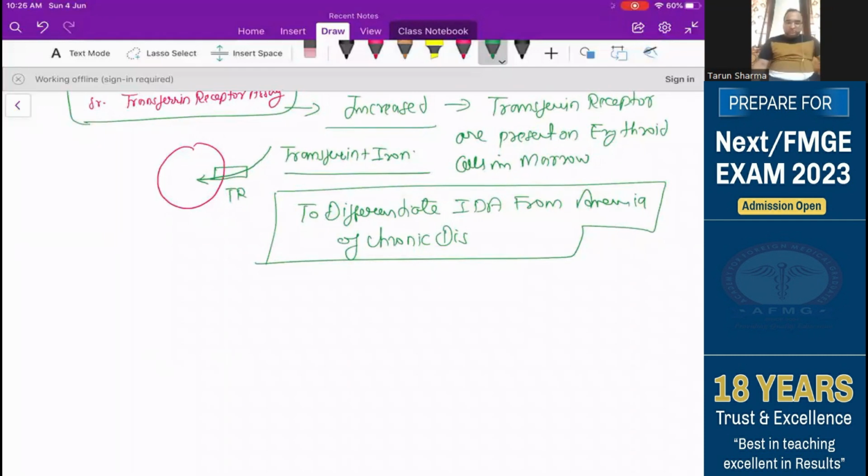To differentiate IDA from the anemia of chronic disease, we are going to offer the serum transferrin receptor assay. Because in IDA, this will be increased, while in anemia of chronic disease, it will remain normal. So remember, serum transferrin receptors will increase only in iron deficiency states, not in anemia of chronic disease. So this is one of the very good tests to differentiate IDA from the anemia of chronic disease.